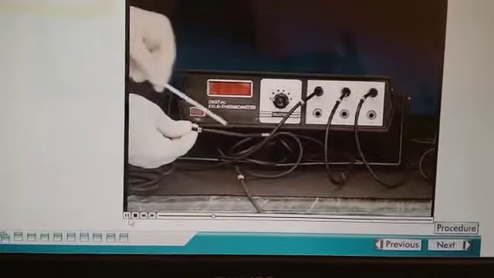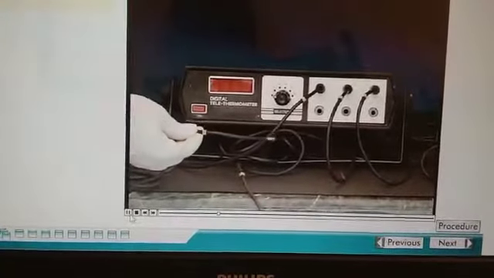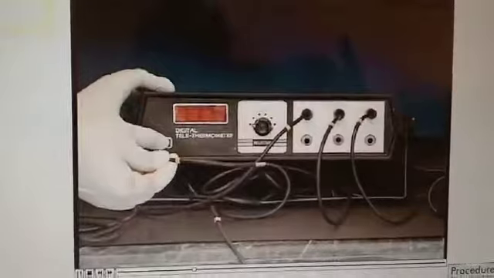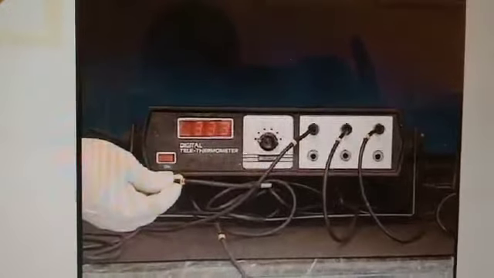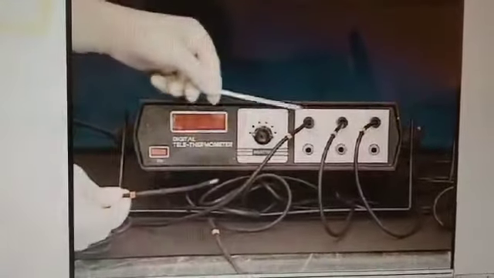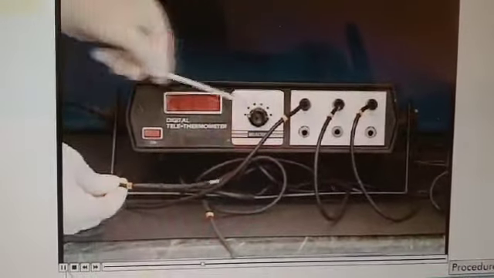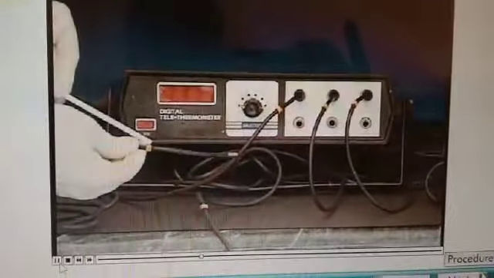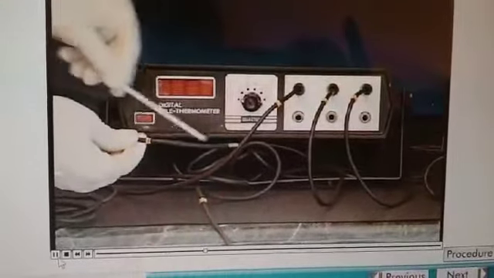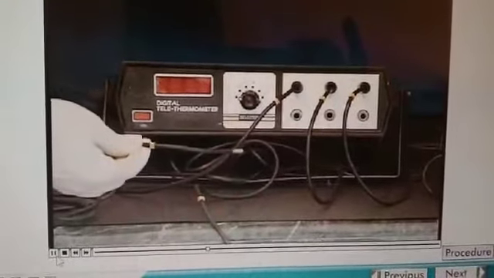It consists of a mains on-off switch, digital counter, rotating knob, 6 probes and sockets for measurement of temperature. Calibration of the telethermometer is a prerequisite to check the test sample for pyrogen.